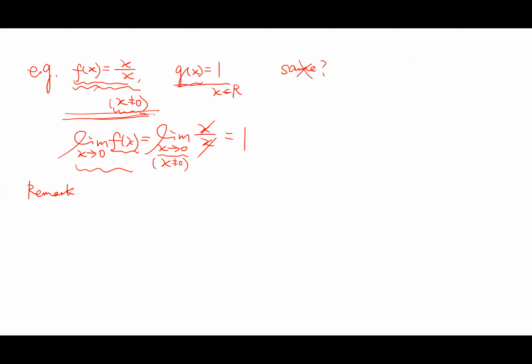So the first limit rule we often use is: if f(x) is a constant function, then the limit of this function as x approaches any point x0 always equals c, right?